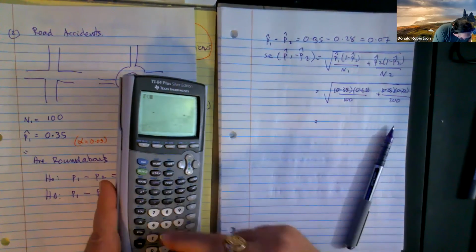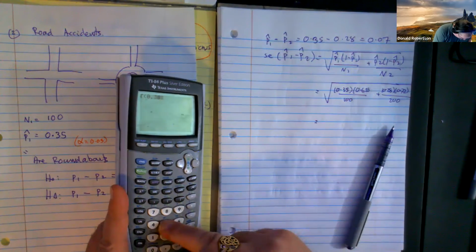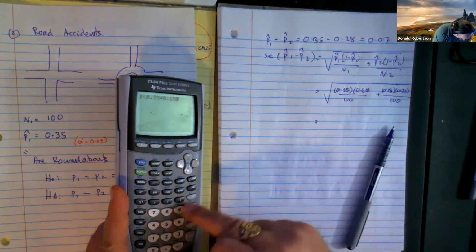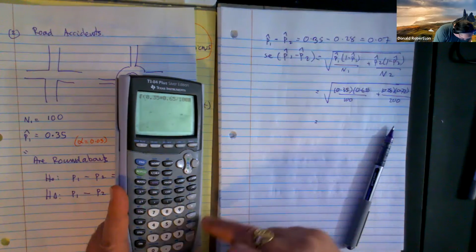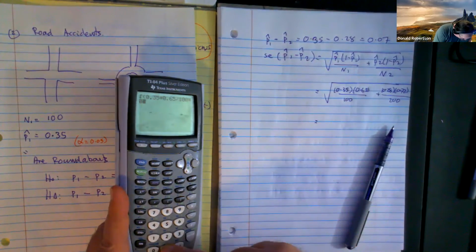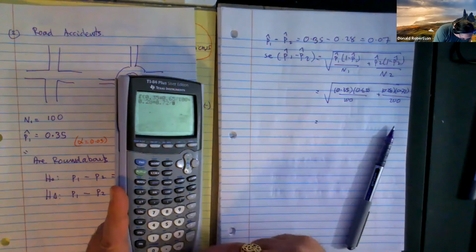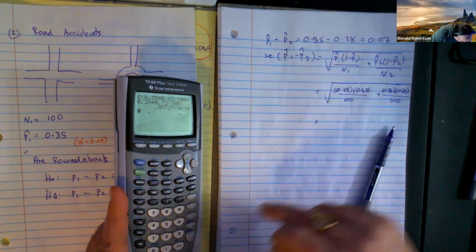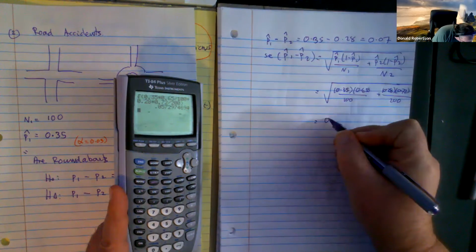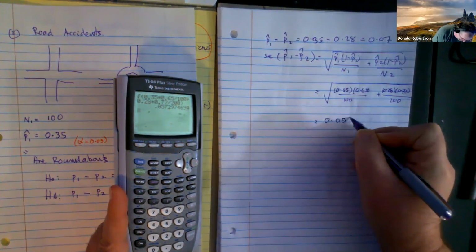So 0.35 times 0.65 divided by 100 plus 0.28 times 0.72 divided by 200, and the answer I have is about 0.057.